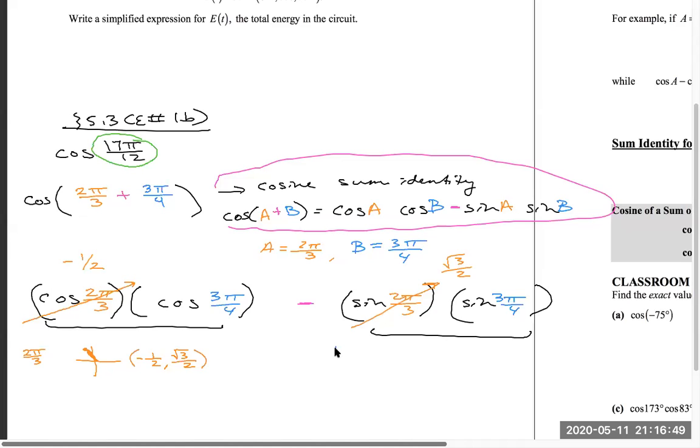And for B, that's 3 pi over 4, right in the middle here. It's located at negative root 2 over 2, root 2 over 2. So this part here becomes negative root 2 over 2, and this part becomes positive root 2 over 2.